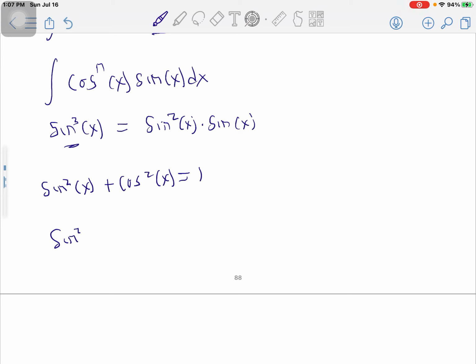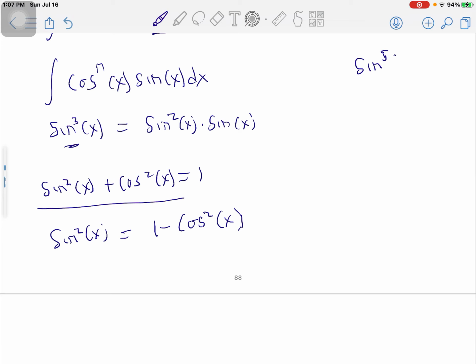So based on this identity, sine square x is equal to 1 minus cos square of x. One trick I will show you is that whenever you get either a cos or a sine function in the highest power and you want to reduce it down, make sure you use this trigonometric identity.